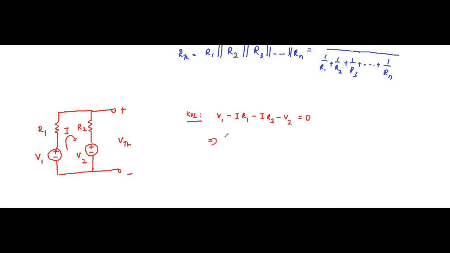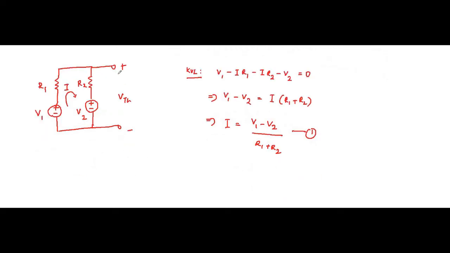That implies V1 minus V2 is equal to I into R1 plus R2. That implies I is equal to V1 minus V2 by R1 plus R2. This equation is very important.